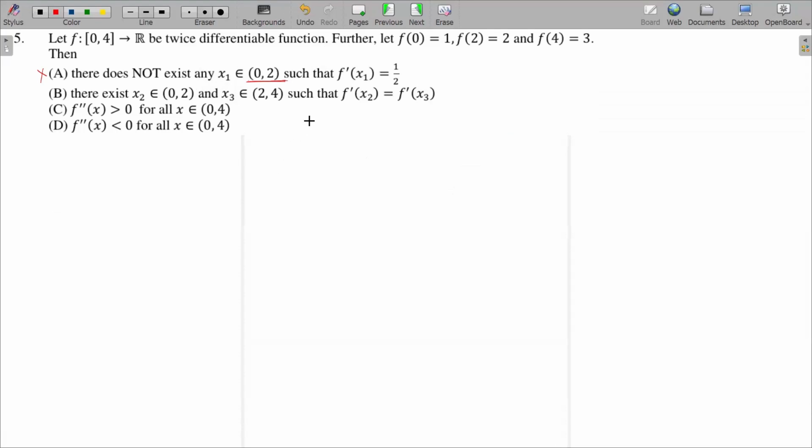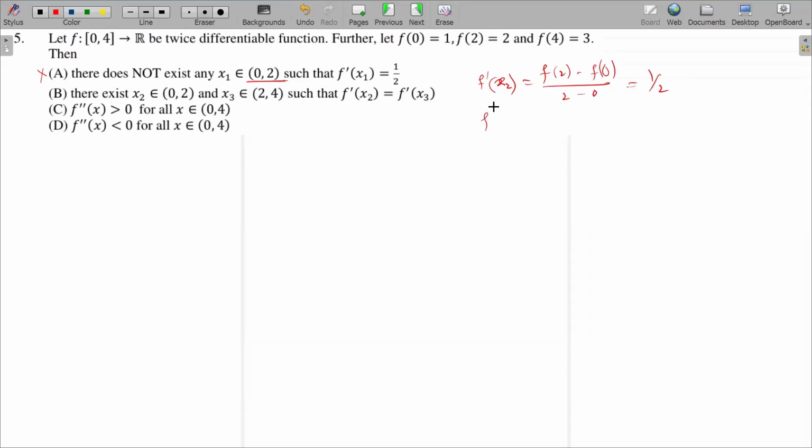Because if you apply the mean value theorem to these two intervals, what are you going to get? LMVT, if you apply to these two, you get x2 such that f dash x2 is f2 minus f0 by 2 minus 0, but that is half.